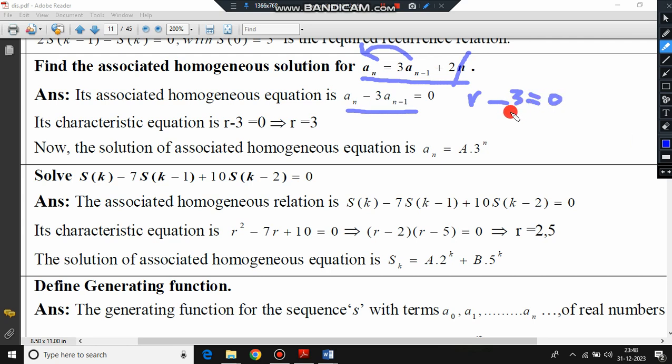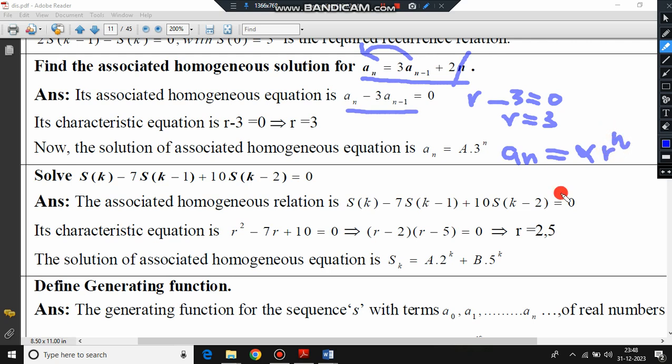Now from this we know that r equals 3. The solution of this particular homogeneous equation would be a_n equals some constant alpha into the root to the power n.